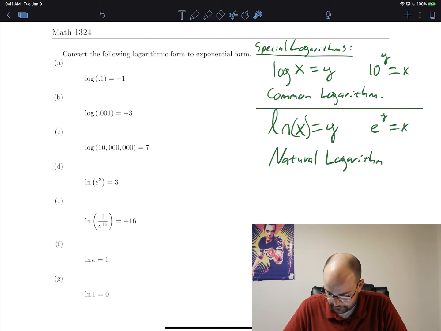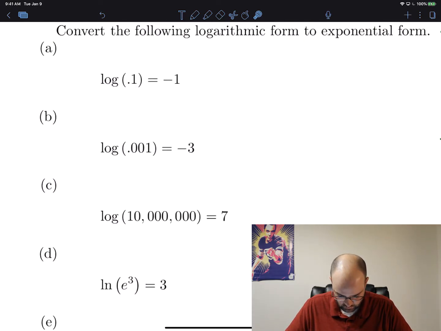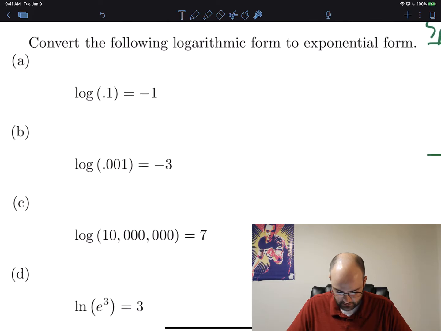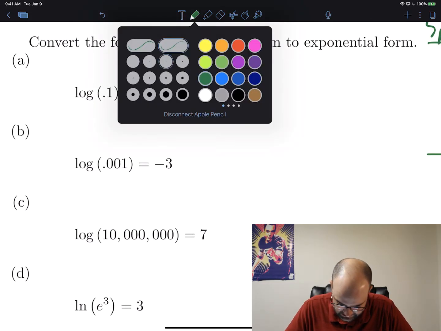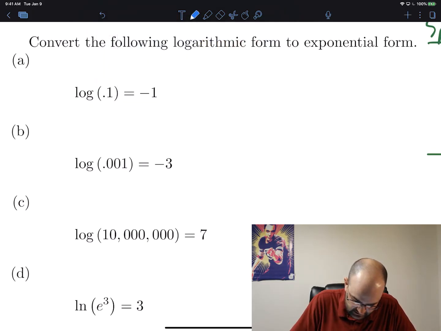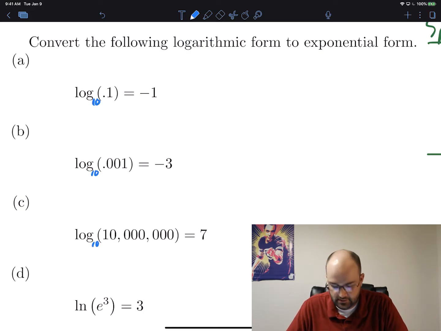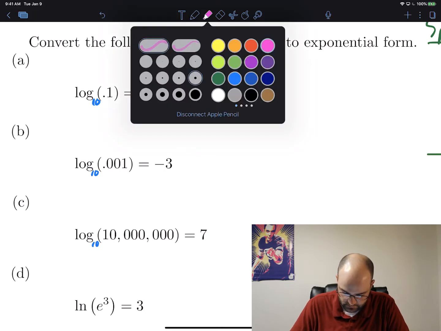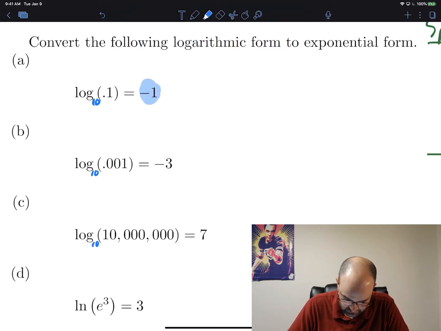So these are the logarithms that we have. We want to convert these. To do so, we want to begin with these logs. Notice that for each one of these, they have an understood base of 10. And so for each one of these, the exponents will be the values.